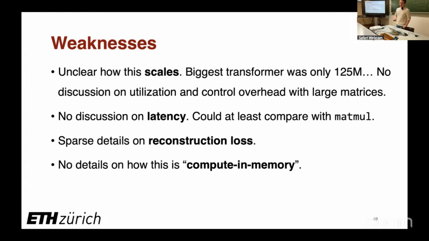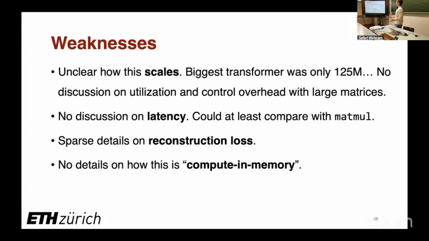There's also no discussion on latency. I do agree that to have a good discussion on latency, you need a full system design, because this approach is only for inference and it's only for matrix multiplication. If you want to do softmax or layer norm, you still need another accelerator. And all this would be orthogonal to their approach.